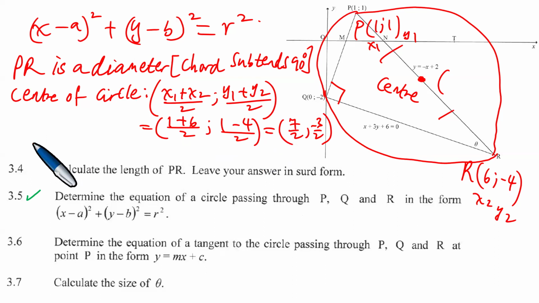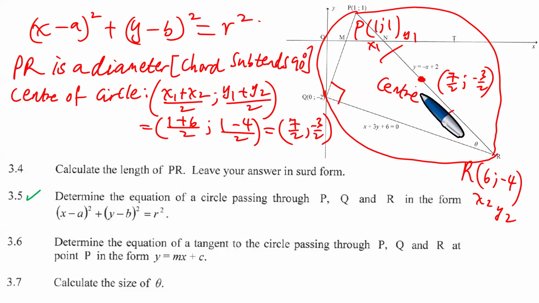So we know that the coordinates of the center are 7/2 together with -3/2. This is the center of the circle.